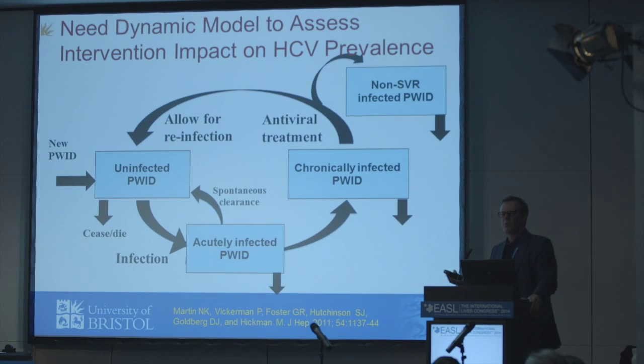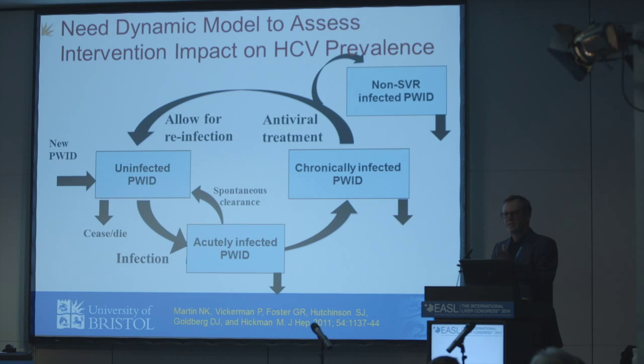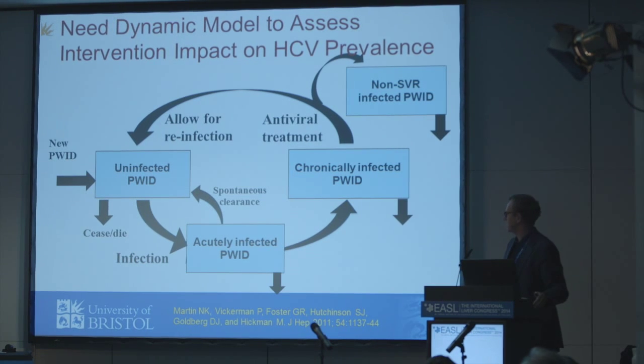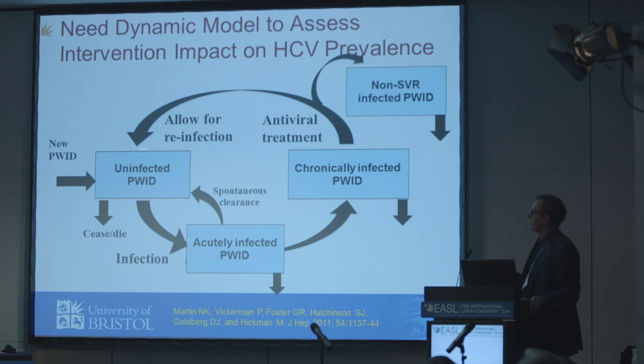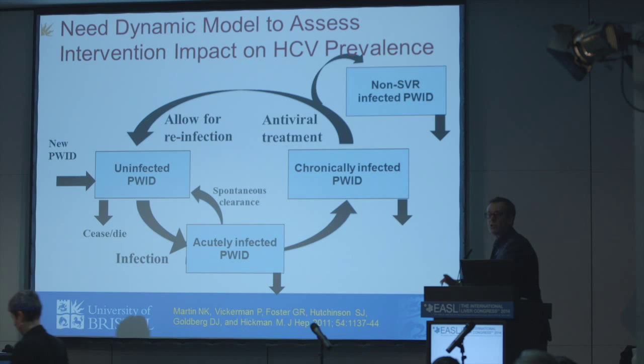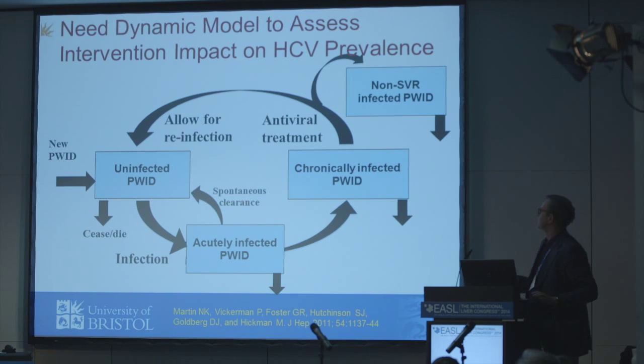Without a dynamic model, you can't truly estimate what the impact of treatment is on prevalence, unless you take account of the fact that people become infected. But also, if you reduce the pool of infected, you also have a prevention benefit, so you can drive prevalence and incidence down. So you need a dynamic model to show that you can eliminate hepatitis C, which I agree, you can.